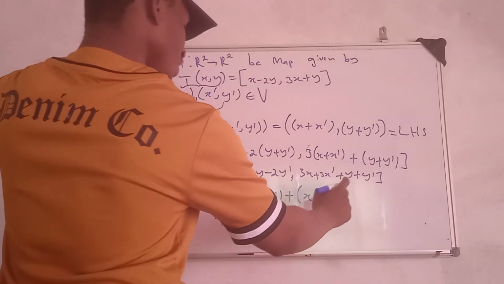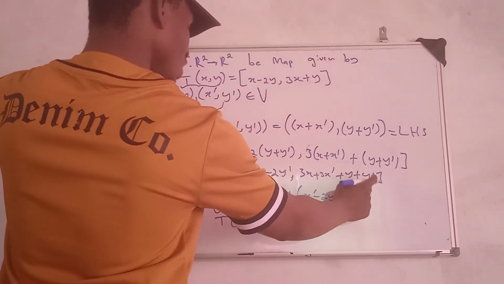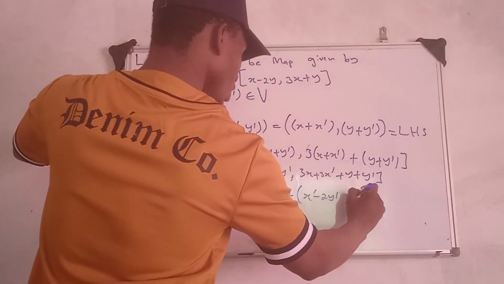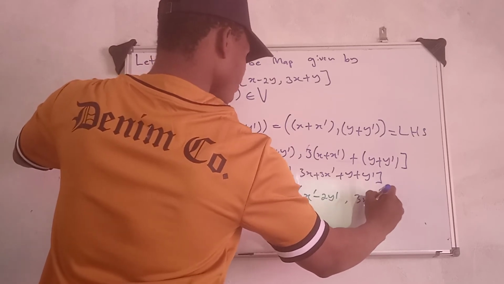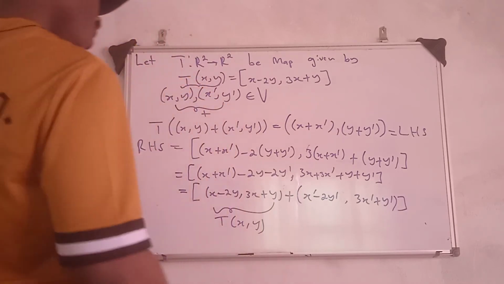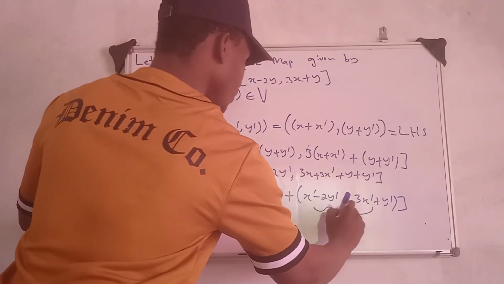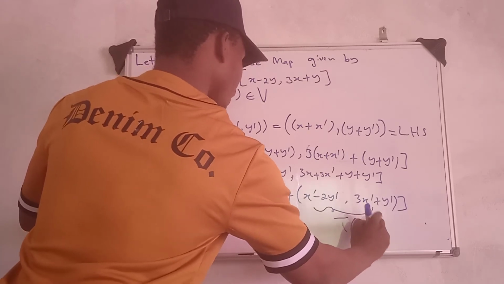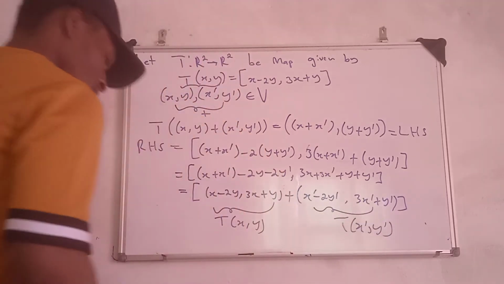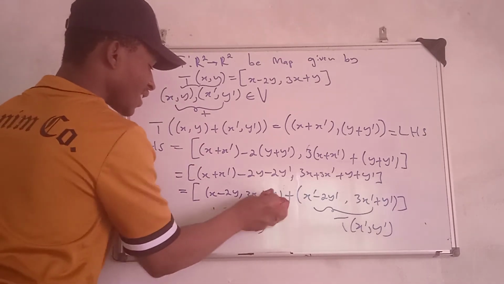So here I'm going to take this one and this one. It will be 3x plus y prime. This is what I'm having. So this side, we can see that it can be written as T of (x prime, y prime). We can clearly see that.